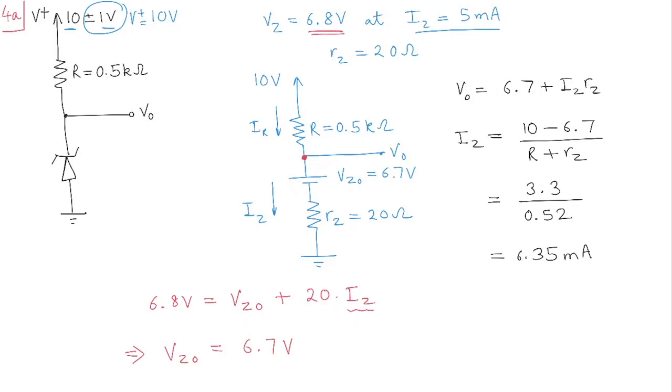Now, having this IZ value, we can calculate VO. VO is then equal to 6.7 plus 6.35 milliamperes times 20, and that turns out to be equal to, let's see the value, 6.83 volts.